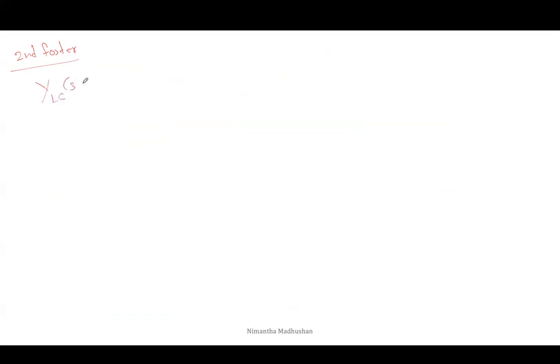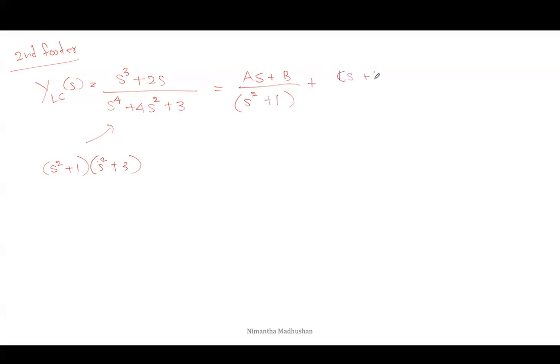Y LC(s) is equal to s to the power 3 plus 2s over s to the power 4 plus 4s squared plus 3. For this term, there are two roots, s squared plus 1 and s squared plus 3. Then we can write as as plus b over s squared plus 1 plus cs plus d over s squared plus 3.